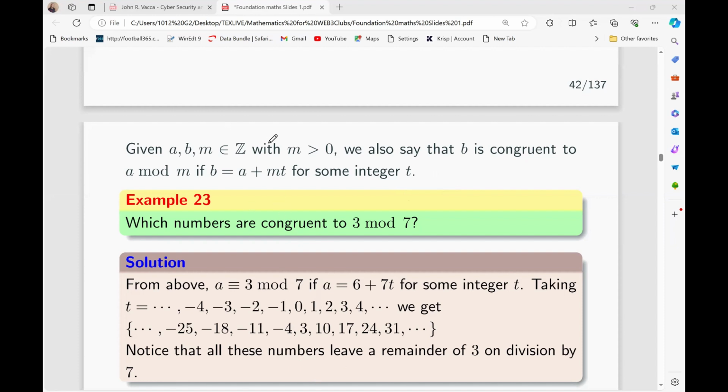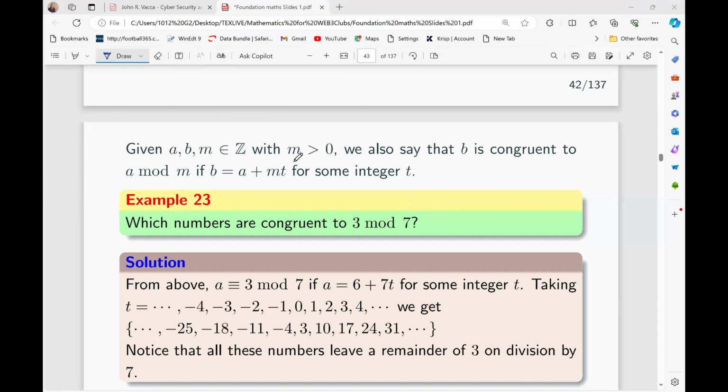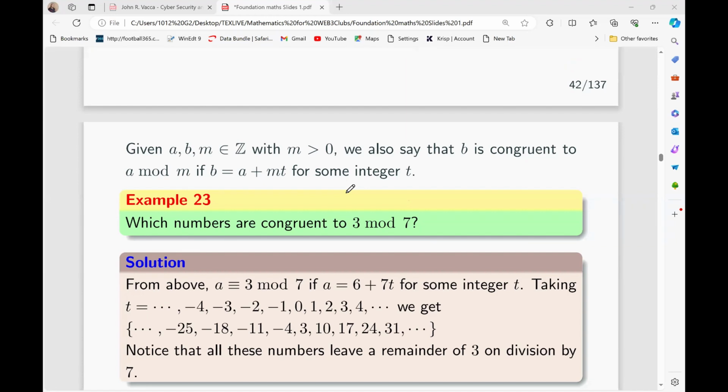Now, I've already used the first definition to do that question, and it has already given me one value. I've asked which numbers are congruent to 3 mod 7, in other words, which numbers, if 3 is subtracted from them, the result will be divisible by 7. We've seen one of the numbers is 10.